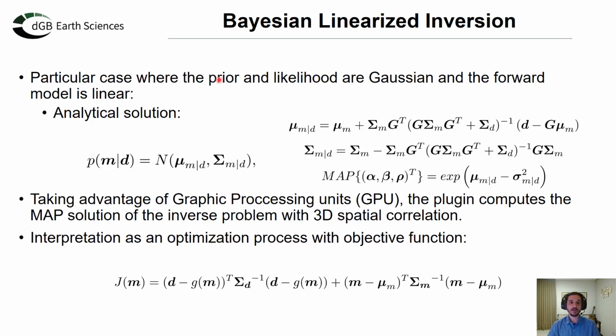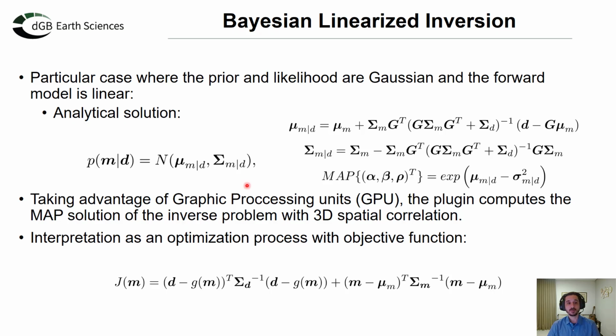In this particular case, again, prior and likelihood Gaussian and linear forward model, we can obtain the solution analytically. So the posterior distribution is a multivariate Gaussian distribution with this mean and this covariance matrix, and the MAP, the maximum a posteriori solution, can be computed with this equation here.